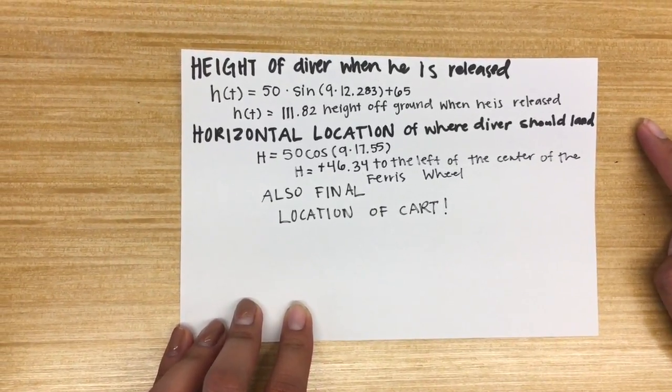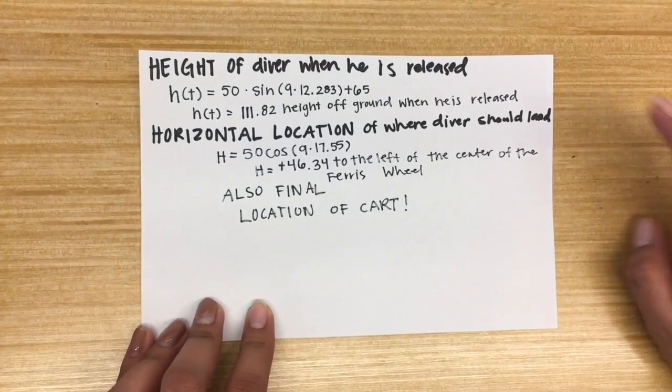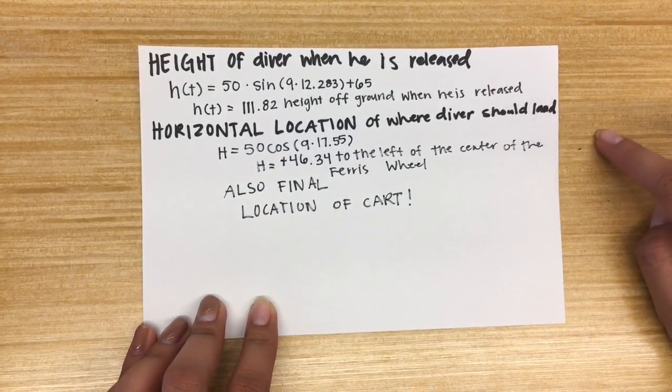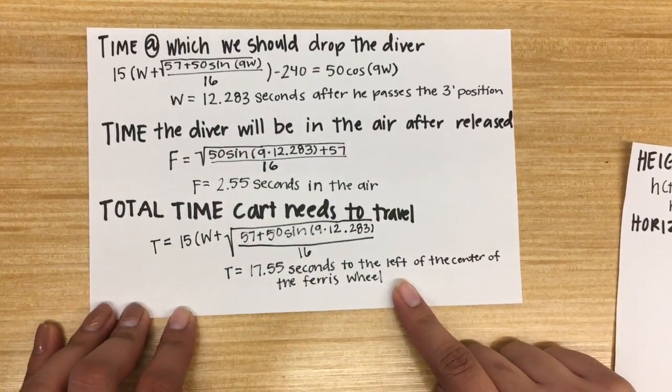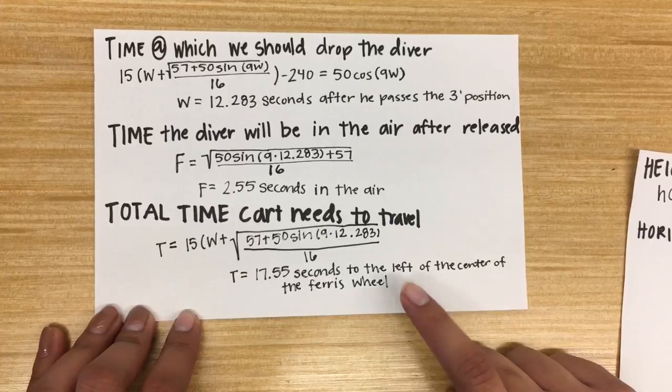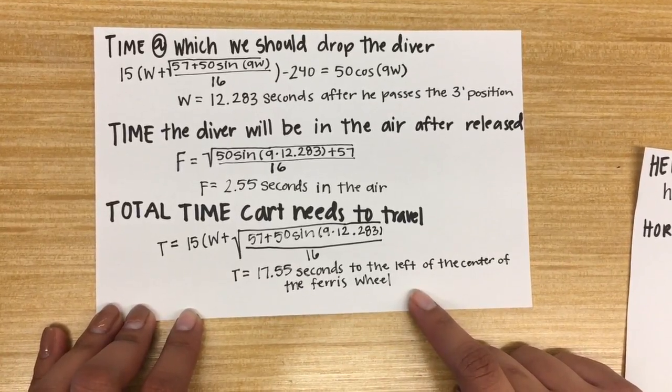And then to find the horizontal location of where the diver should land, we use the 50 cosine times 17.55, which is the number that we got over here for the total time the cart needs to travel, and that's the final cart's location.